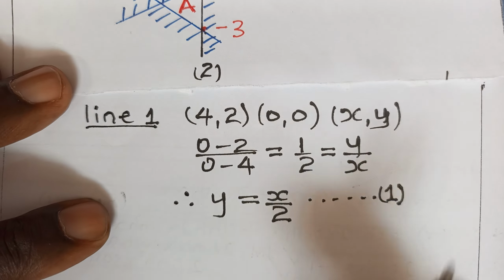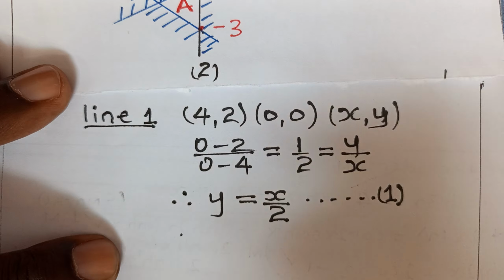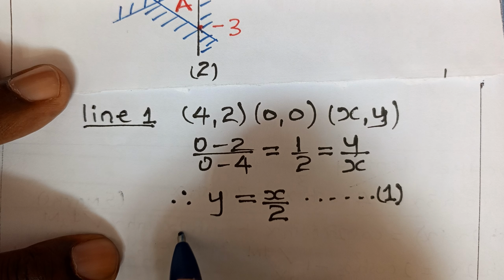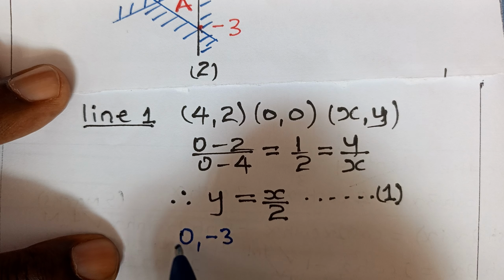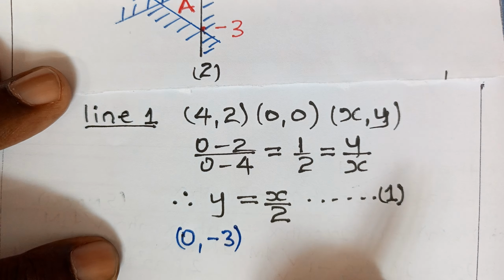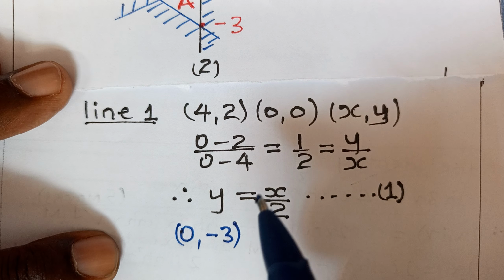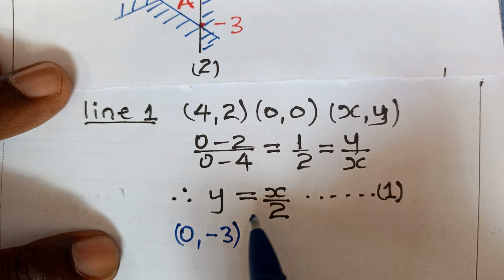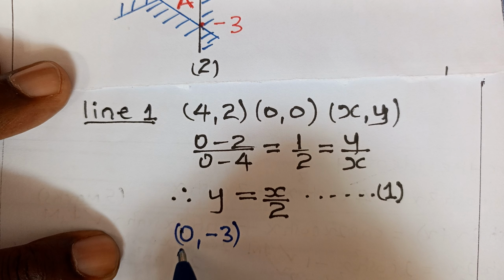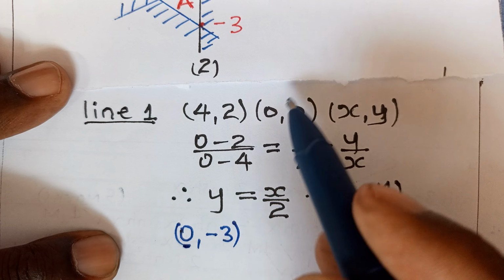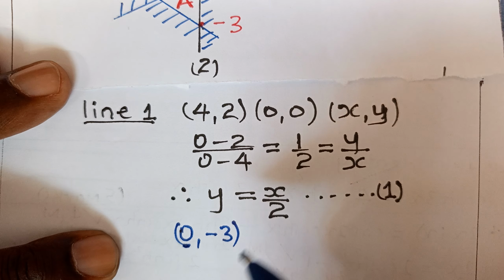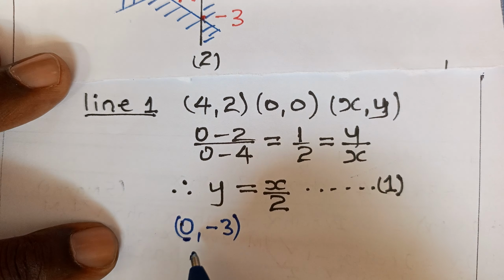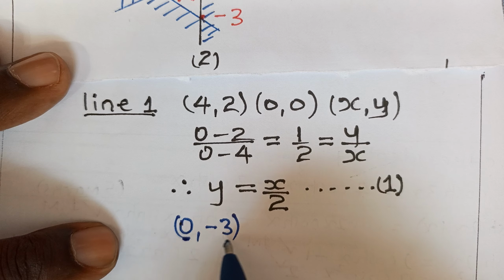If I choose (0, negative 3) as my reference point, you find that if I am on this line and I put x as 0, I will get y as 0.